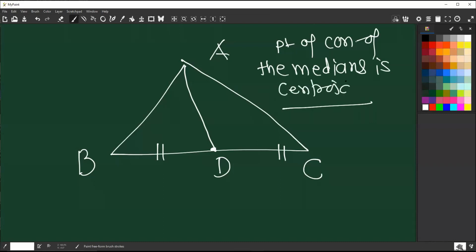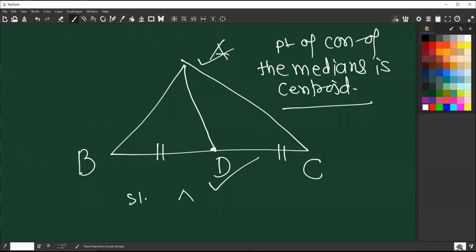Very good. But we already know x1 plus x2 plus x3 upon 3, y1 plus y2 plus y3 upon 3. So if anybody gives me the vertices, I can get the centroid directly. Correct? But still, if I want the equation of the median passing through A, तो मैं पहले BC का midpoint निकालूं, वो D है. I know A, I know D. So I can use either the two points form or I can find the slope AD.